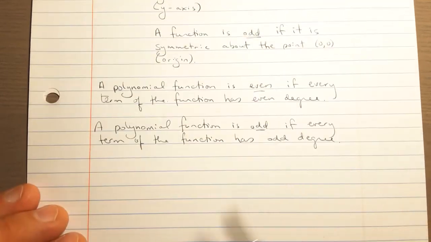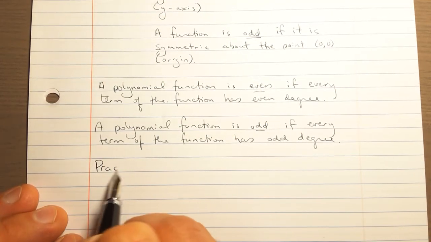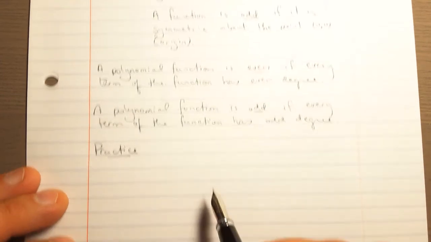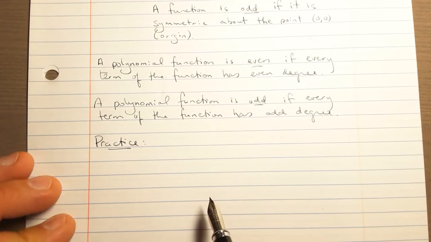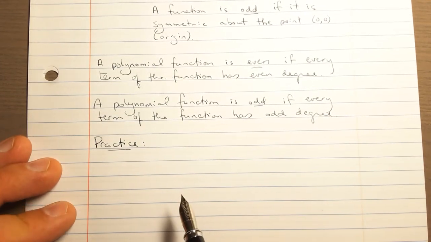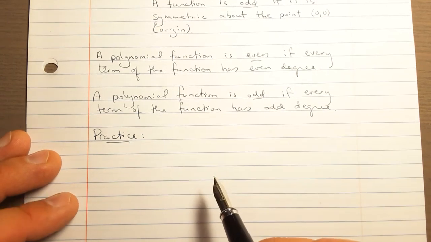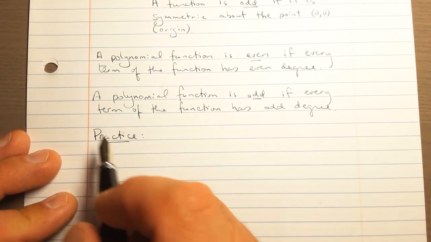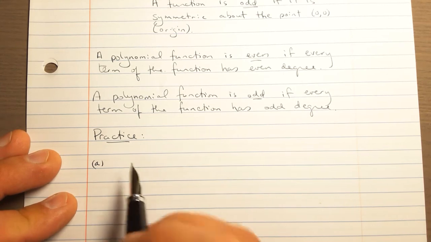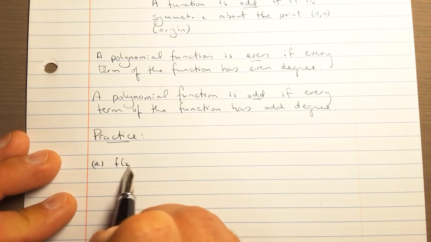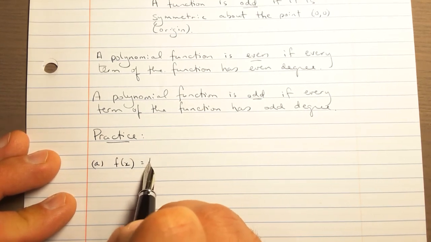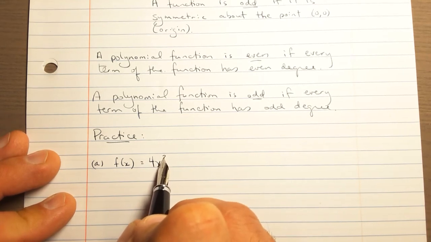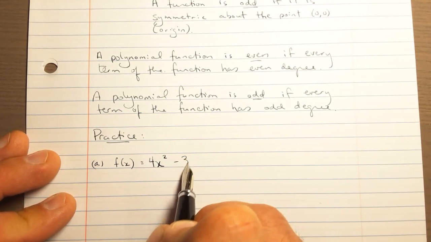Let's maybe just practice a little bit. Write down a couple of examples here, and then you can test these out by graphing them yourself to see how they look. So let's identify whether each of these is even or odd or neither, and let's give some reason for each one. So here, let's start using function notation. F of x equals 4x squared minus 3.